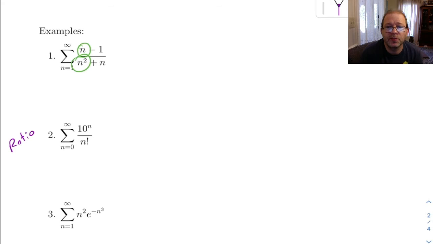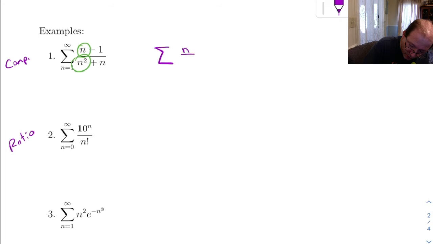So the terms of this thing are going to go to 0. So test for divergence fails, but we probably want to compare it to n over n squared, which is the same as 1 over n.